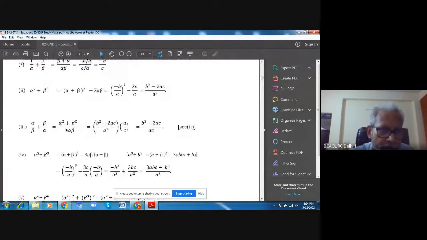So if you see, in this also there is the LCM, and after that it is making a formula, because we know alpha square plus beta square is equal to, in this case, b by a. So the formula you can put it, and the a by c. So see question number 2 here.